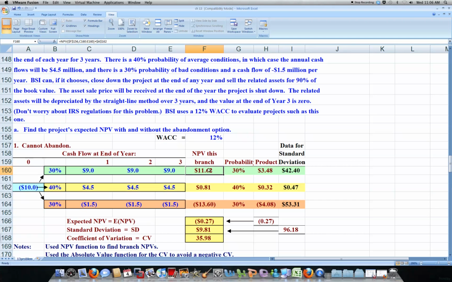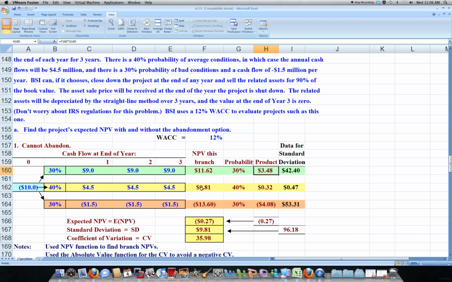So this NPV is 11.62. Now we want to multiply it by the probability to find our product, and we're going to use that to find our expected NPV.